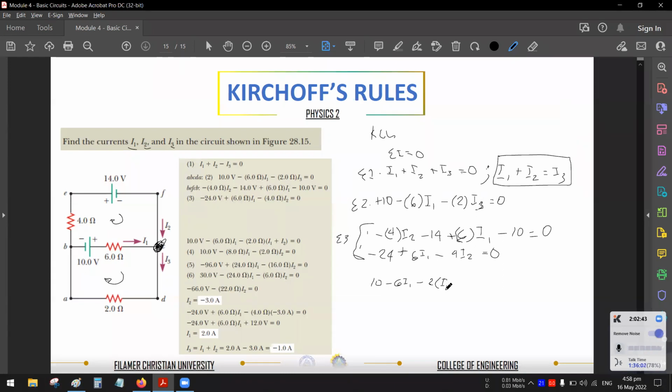You have your I1 plus I2. Ayan. Okay? So meaning meron tayong single equation that have two unknowns na lang. Okay, then obviously this is just the same pa rin, equal to 0. Alright.